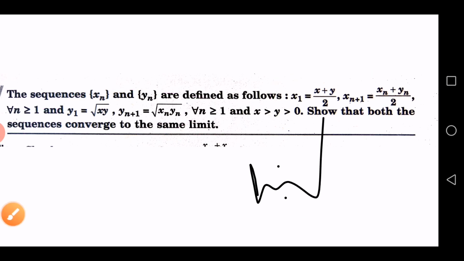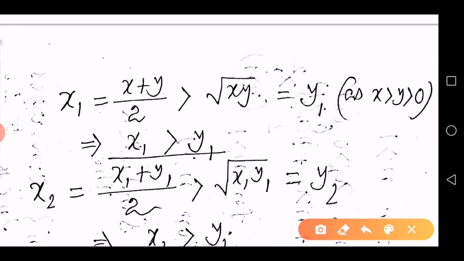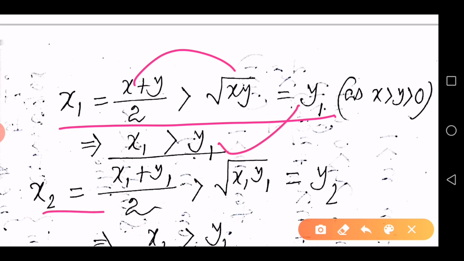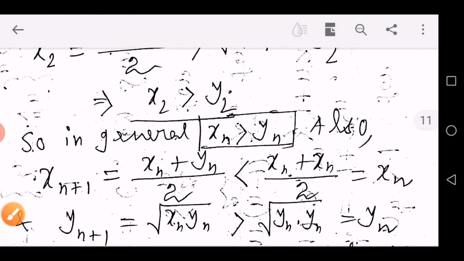First, we have to show x1 is greater than y1, since the arithmetic mean of two positive numbers is greater than the geometric mean, and similarly x2 greater than y2, and in general xn greater than yn.